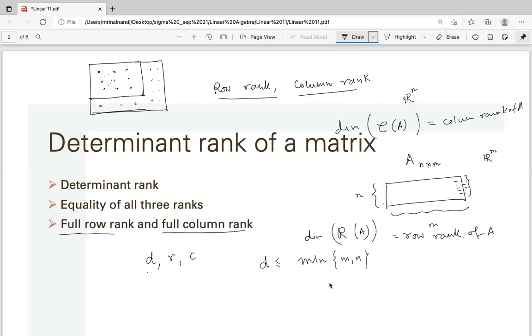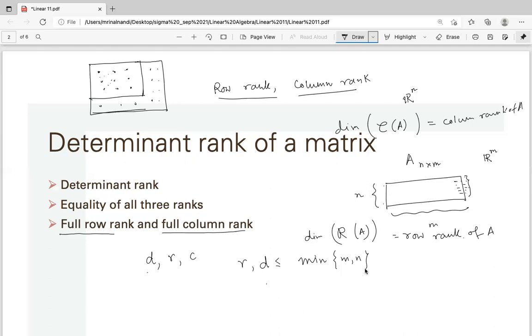Similarly, R is also less than or equal to the minimum of m and n. Why? Let's first take n strictly less than m. The number of independent rows must be less than or equal to n, because n is the number of rows and R is the number of independent rows.